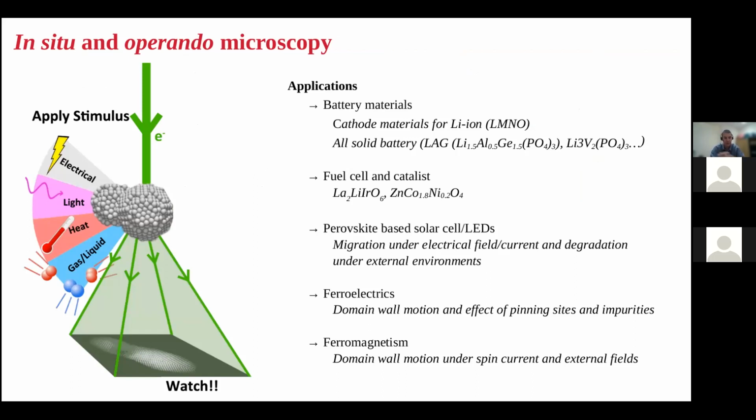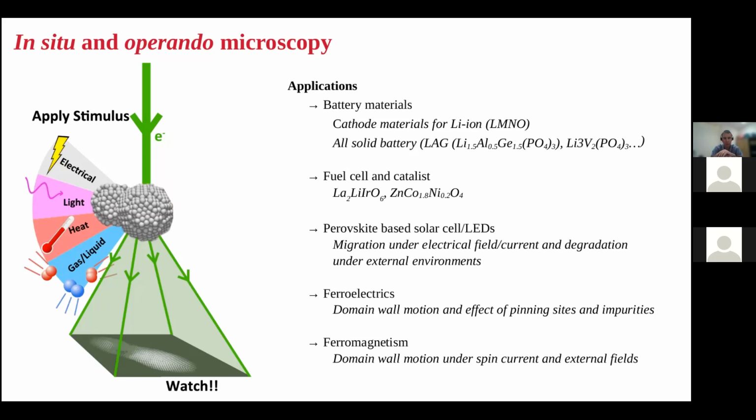In situ means that you apply some stimuli to your sample while you look at it, when the specimen is inside the TEM. The easiest stimulus that has been applied in the past is really to change the temperature of the specimen and look at the phase transformation from the low temperature phase to the high temperature phase. So it's what we call in situ.